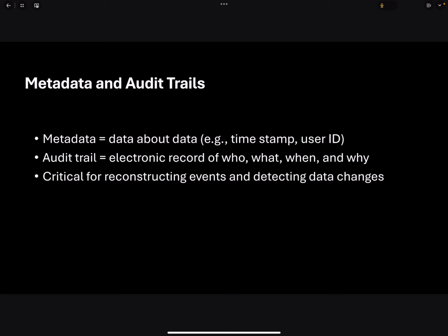Metadata is simply data about data. It tells you who created the record, when, and on which instrument. An audit trail is like a security camera for your data. It automatically logs every change, deletion, or modification.